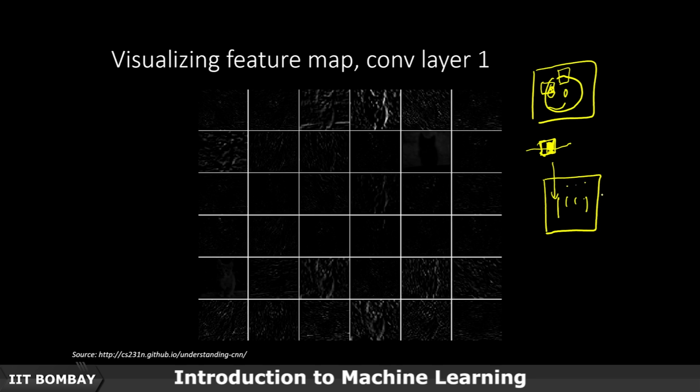So because of this, when you look at the response of different kernels of the first layer, you will see that these are the vertical edges that were detected, these are the horizontal edges that were detected by another kernel and so forth, and these perhaps could be some texture or some color that was detected for some particular image.